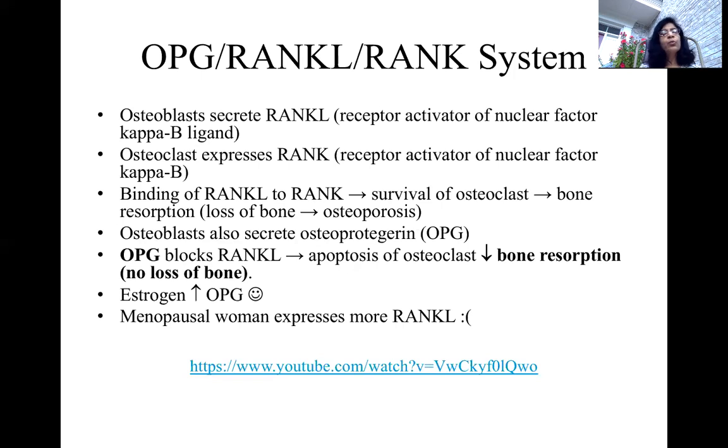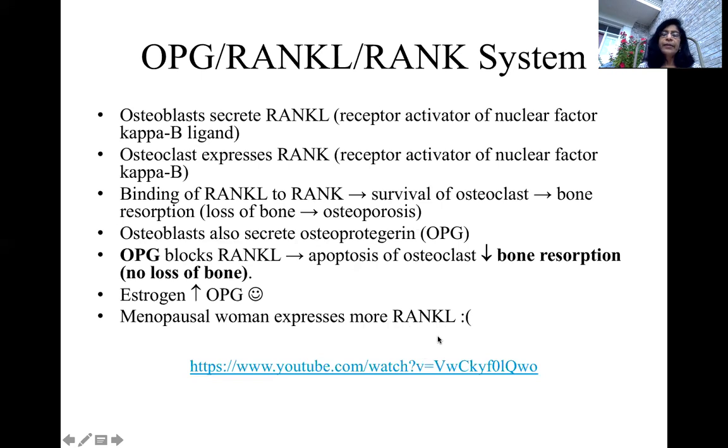Parathyroid hormone acts in one way, that is by stimulating the expression of RANK ligand, whereas estrogen does the opposite, inhibits or limits the expression of RANK ligand. It also stimulates the expression or release of OPG. Okay, so in a menopausal woman, in the absence of estrogen, there is expression of more RANK ligand.